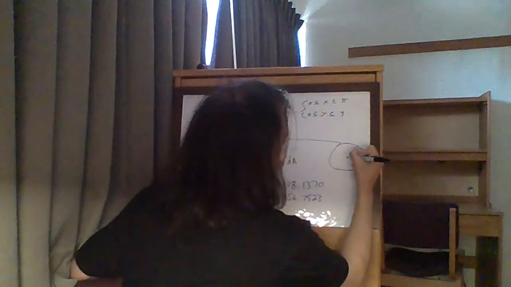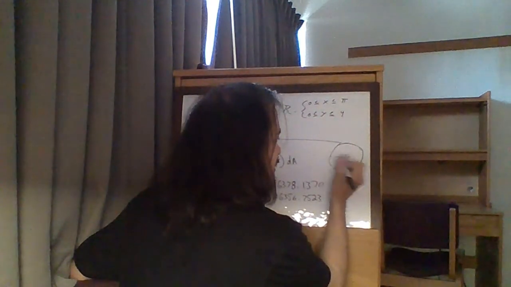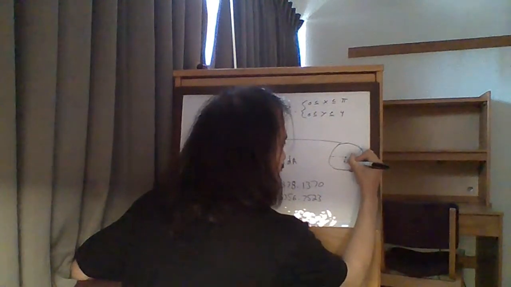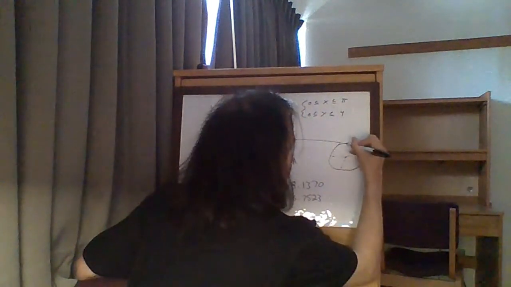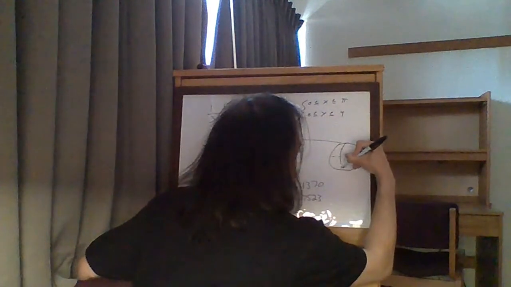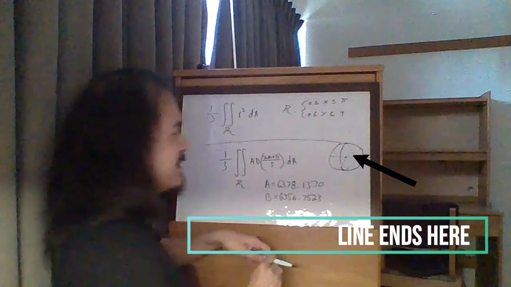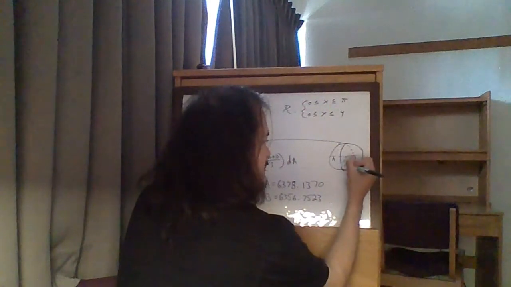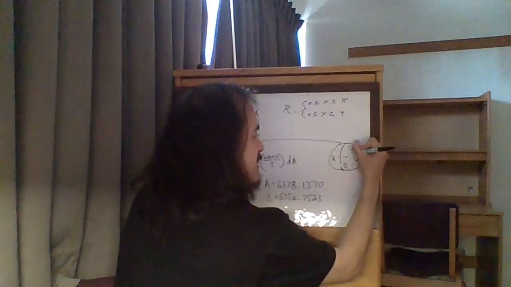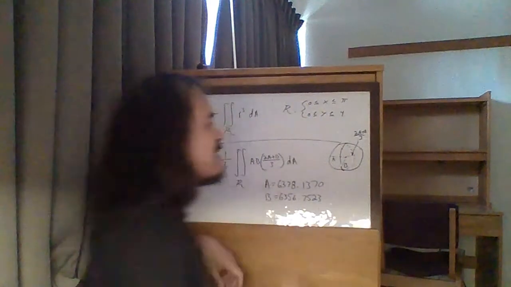But we do know that from the center right here, we have A, B, and this one right here is that 2A plus B over 3.